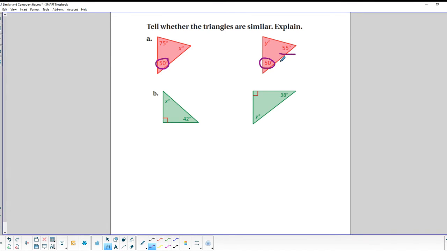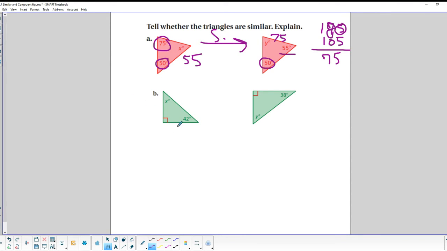So if you add these 2 together you end up with 105 degrees, and if you subtract that from 180, 180 minus 105 would give you a 75-degree angle. So y would equal 75 degrees, which is the same as this 75 over here. So then we know that x is 55 as well. So they are similar. These two are similar.